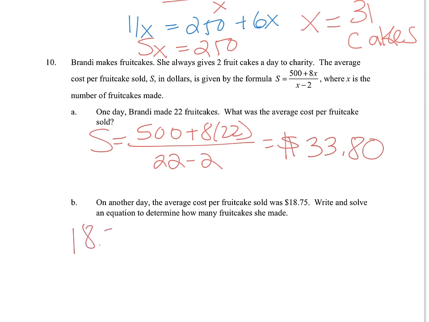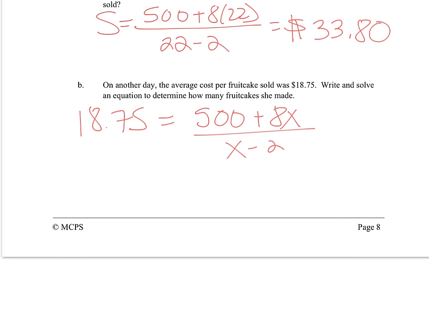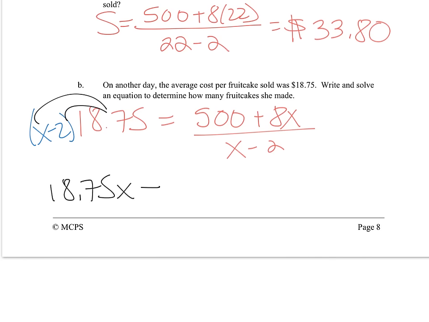If she makes $18.75, when we solve this and we multiply the right by x minus 2, you have to distribute the $18.75 to both of those.